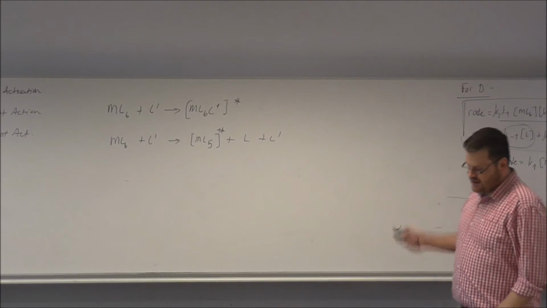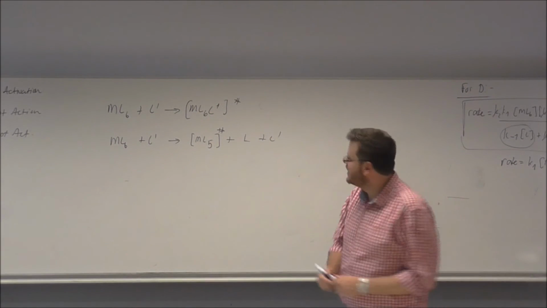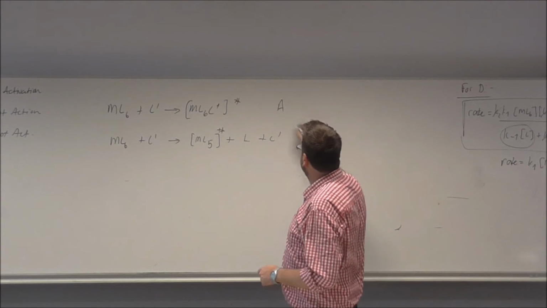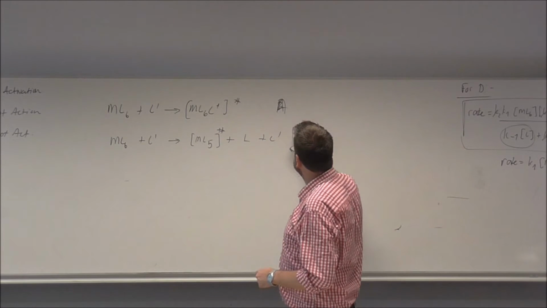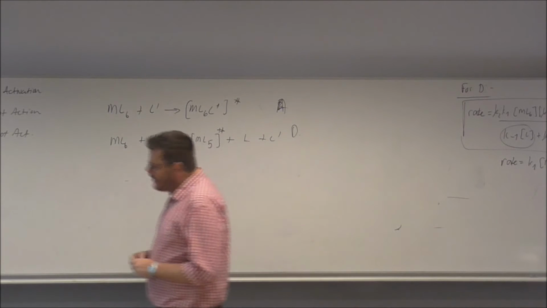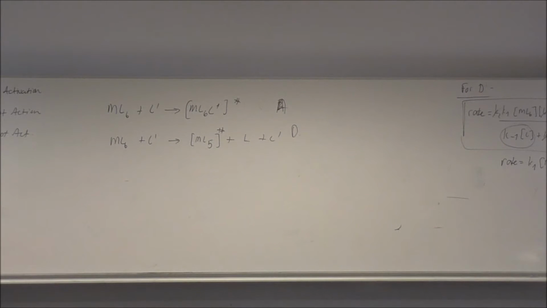And so we've just looked at these two mechanisms and their rates and what they mean. This is A and this is D. Now, what these three parameters tell us is they look at the activated state, if you will.